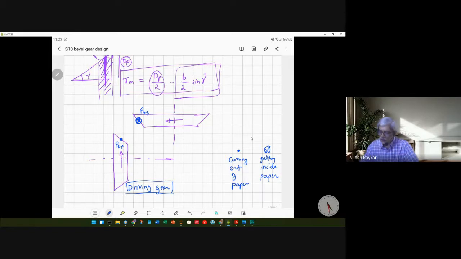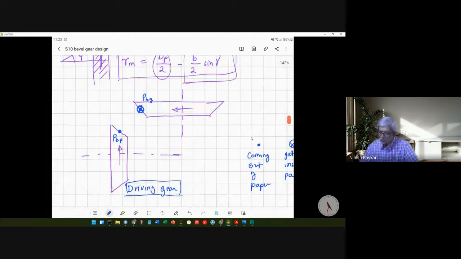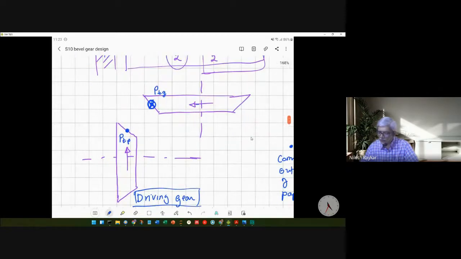Okay, now we'll talk about the radial force. So for the radial force, again, the direction logic is the same. That is, the radial force is always towards the center.